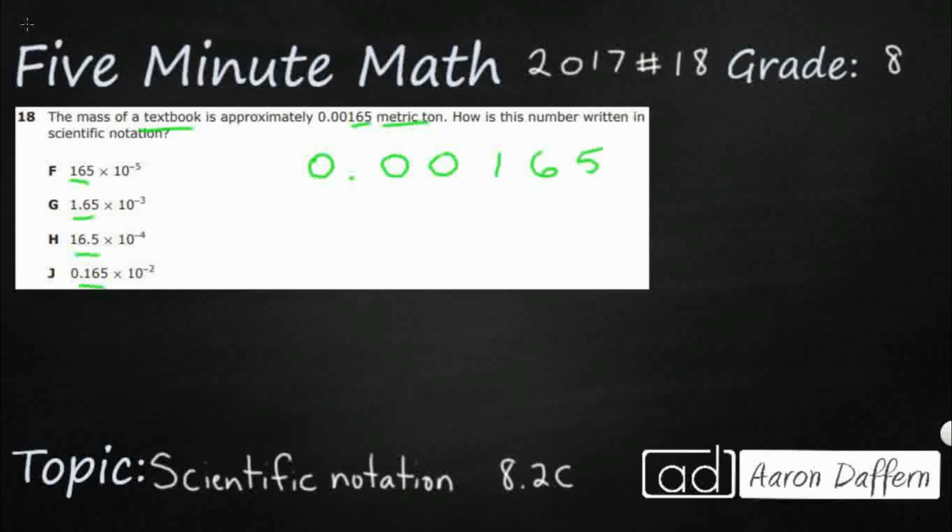0.00165. Let's make sure all of those scientific notations actually work, then we'll figure out what the proper one is. All right, so obviously we've got our ones place here. This is our tenths, hundredths. We get to our thousandths, 10,000ths.